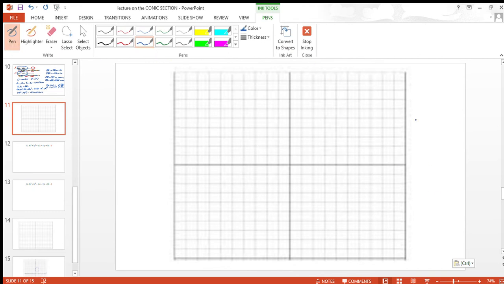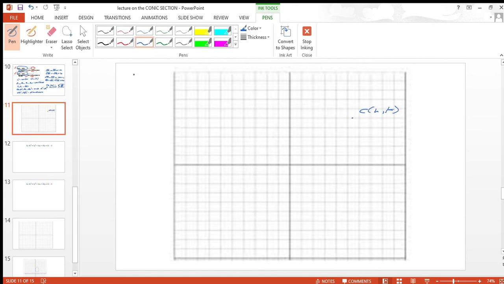Let's say that's the center HK. Okay, that's the first thing that we can consider.